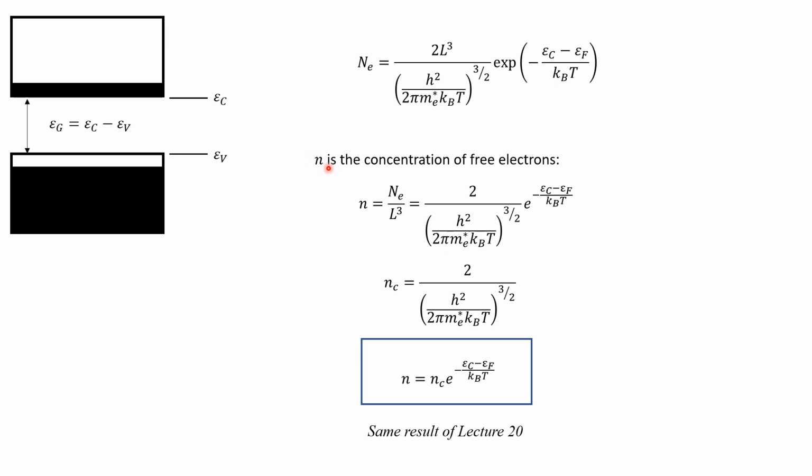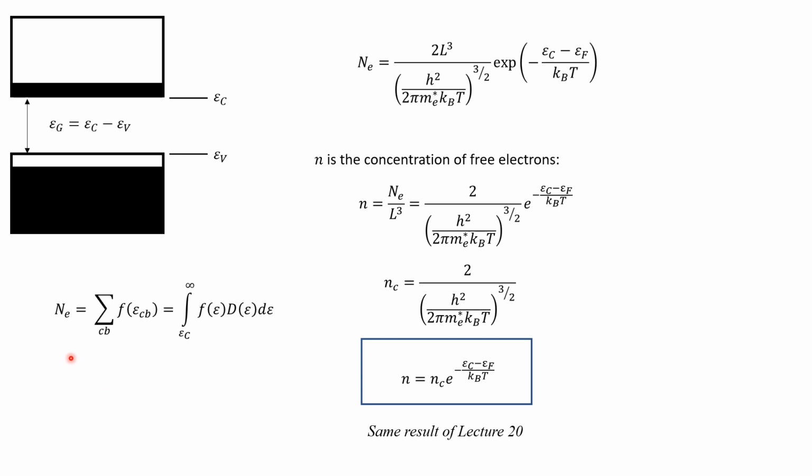And then we again follow the same idea of the previous lecture. We define N as the concentration of free electrons, so it's the number of electrons divided by the volume. So we end up with this term for the concentration. We define NC like that, and we obtain exactly the same result of the previous lecture.